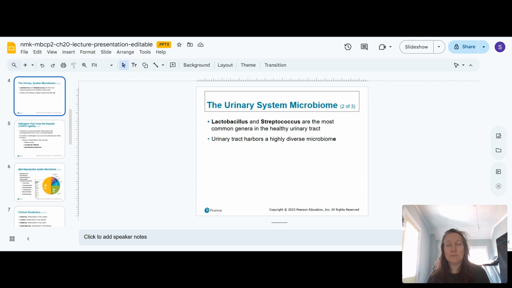Okay? And those are pretty common throughout our bodies. Lactobacillus and Streptococcus should be common names for you by now. And the textbook lists several others that you can notice, but these are two that you should be aware of. These are in a healthy urinary tract. So if you were doing a urine sample and found these two, you'd want to, of course, pay attention to the concentrations of them, but they wouldn't be uncommon to find in a healthy urine sample.